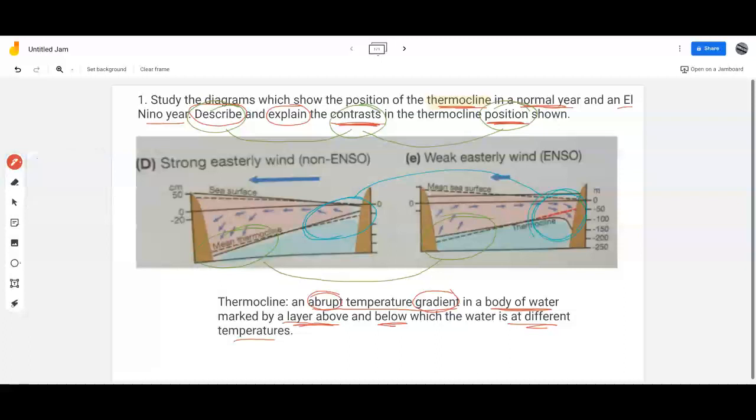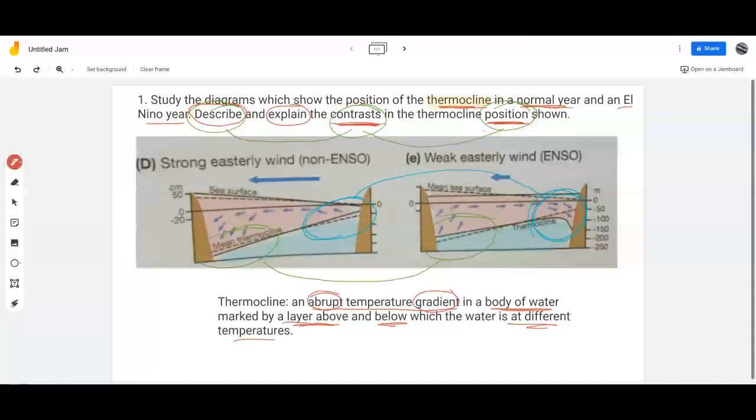It's not even just slightly lower than average. It's considerably lower than average. You get a build-up of the warmer water here. Slightly shallower than average here. Considerably deeper than average here. So, slightly deeper than average in the west, slightly shallower in the east in a normal year, and in an El Nino year, slightly shallower in the west, significantly deeper in the east. So that's describing the contrasts in the position.